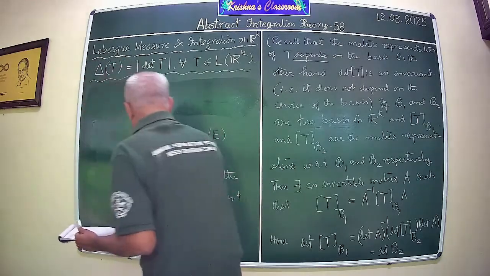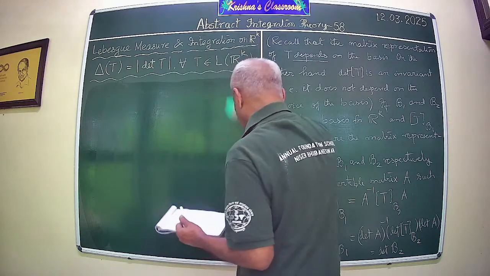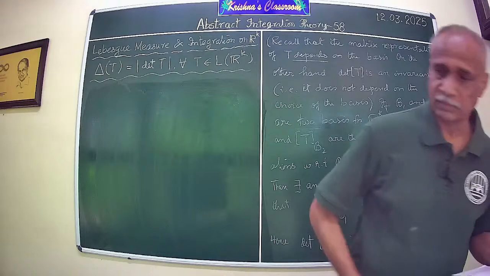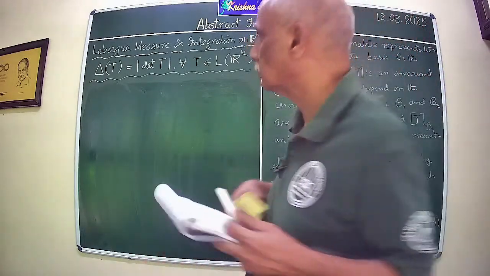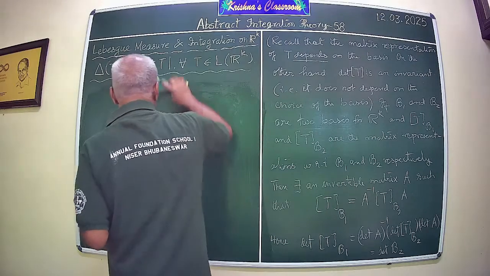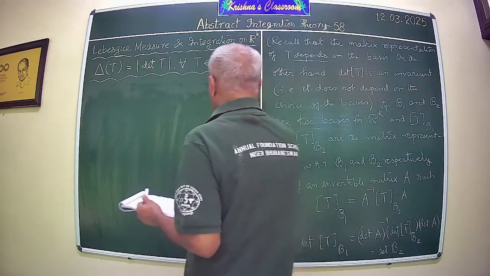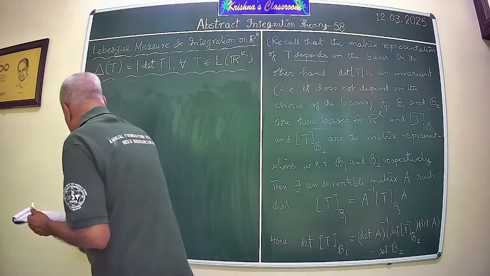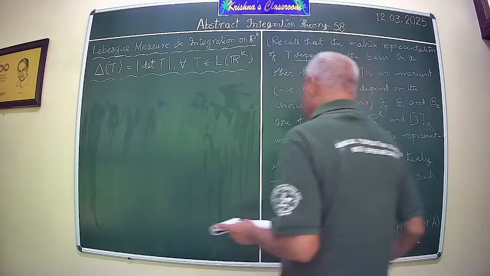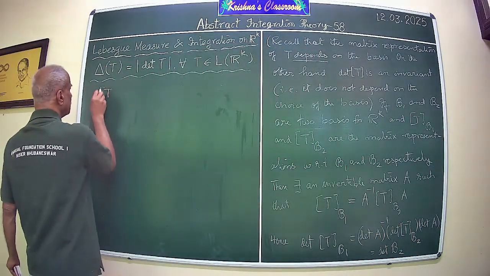It is often written as determinant of T. That means these matrices that represent the same linear transformation under different bases are what are called similar matrices.